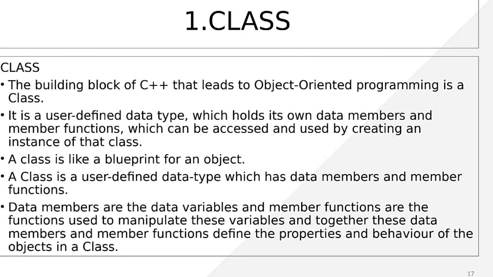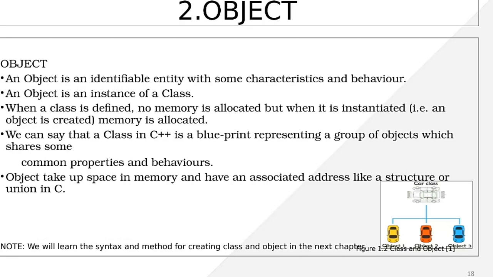Data members are these data types, age, gender, right? And functions. A class is a blueprint of an object. A class is a user-defined data type which has data members and member functions, right? So now you can relate what a class is.